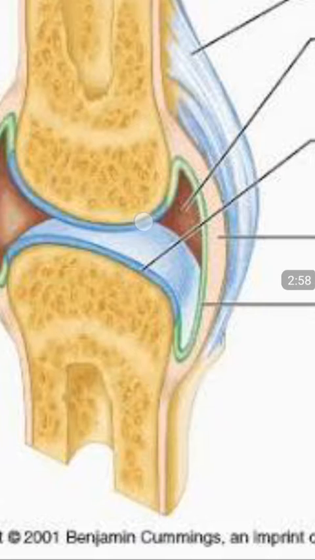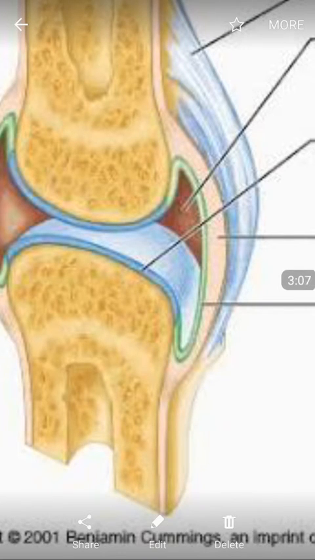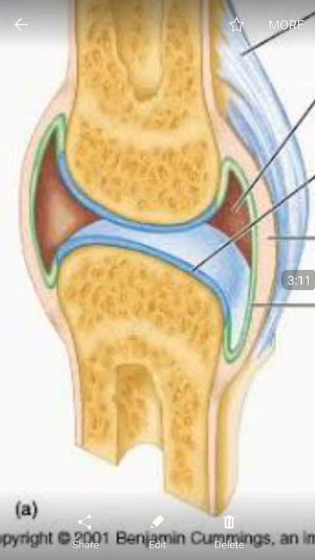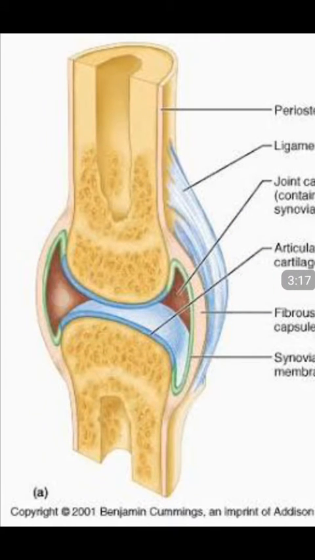Otherwise it would have been crushed between the two articulating bones if this synovial layer had been continuing beyond the articular margin towards the articular cartilage. Whereas you can see on either side, this is the joint cavity between the bones and capsule.